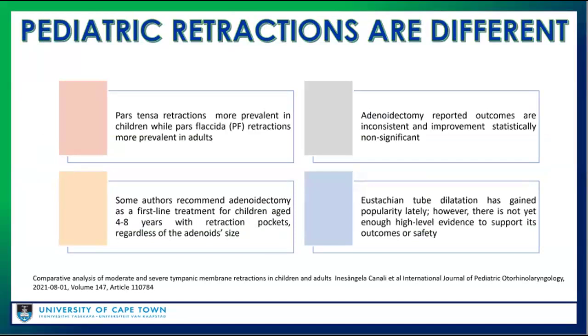However, adenoidectomy reported outcomes are inconsistent in literature, and improvement is statistically non-significant. To add to controversies, eustachian tube dilation has gained popularity lately. However, there's not enough high-level evidence to support its outcome and safety.